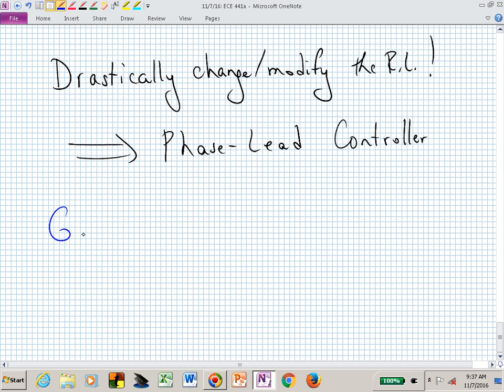In this case, our phase lead controller is not that complicated. It's just one zero factor, one pole factor, and a gain. We have three parameters, z, p, and k. But to make it a phase lead, we want the zero to be closer to the origin than the pole.